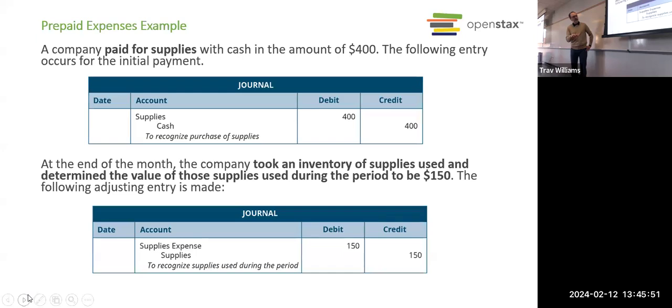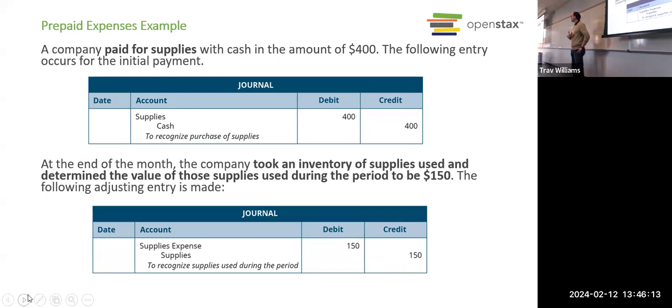Then when we make the adjustment, we're crediting supplies, right? Why are we crediting supplies? Because we used them. It went down? Yeah, that asset went down. We used $150 worth of supplies, so that asset decreased, so we credit that asset account.